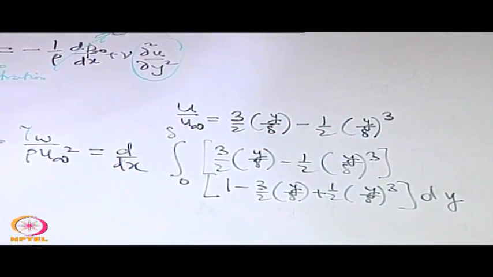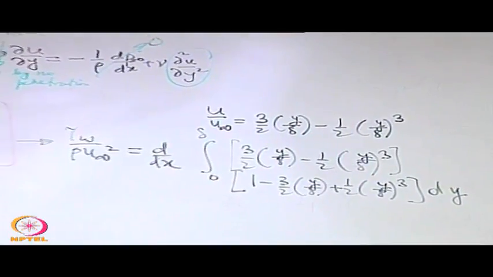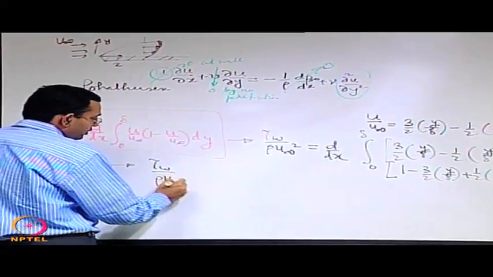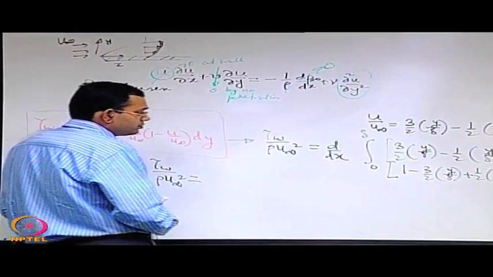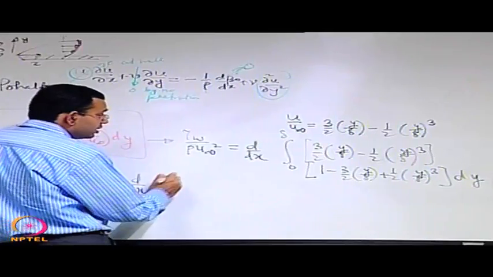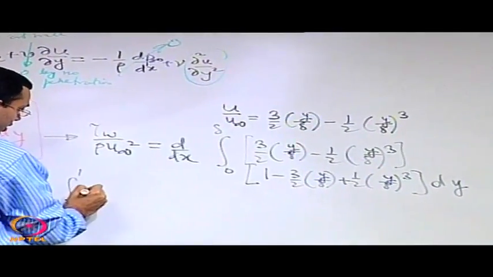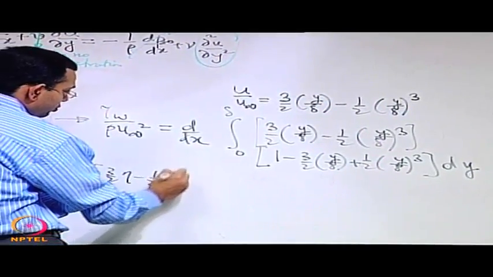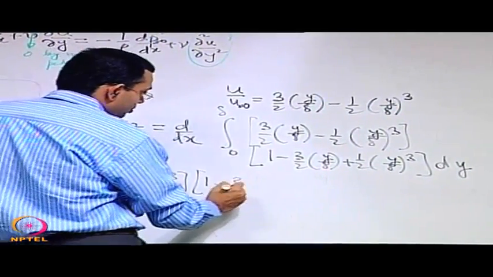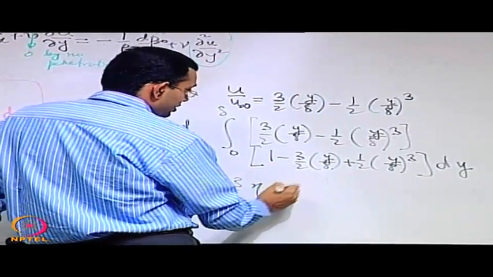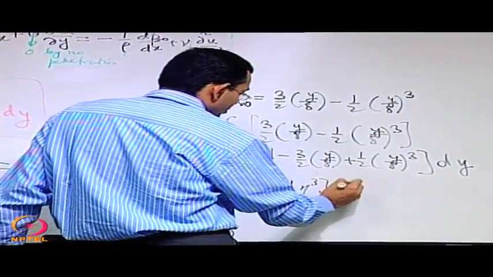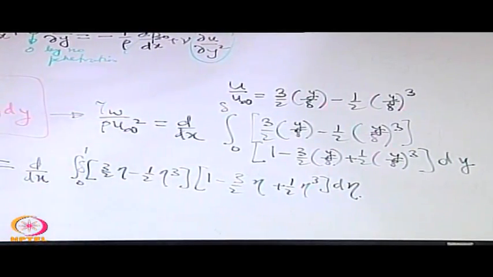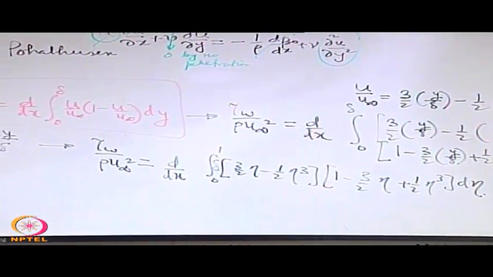With an obvious substitution of variable, that is eta equal to y by delta, you may write this as tau wall by rho u infinity square is equal to d dx of integral 0 to 1 of 3 by 2 eta minus half eta cube into 1 minus 3 by 2 eta plus half eta cube d eta, and then multiplied with a parameter delta, because dy is equal to delta into d eta.